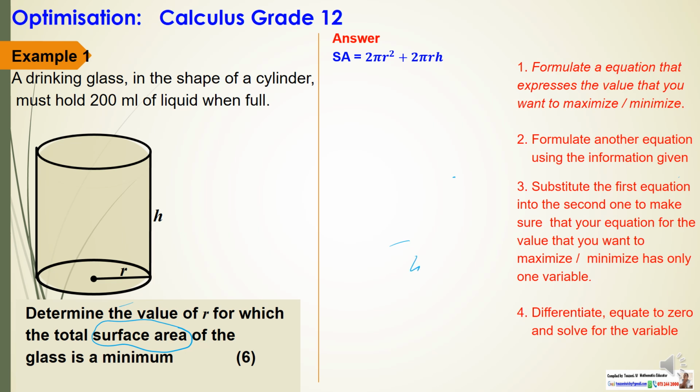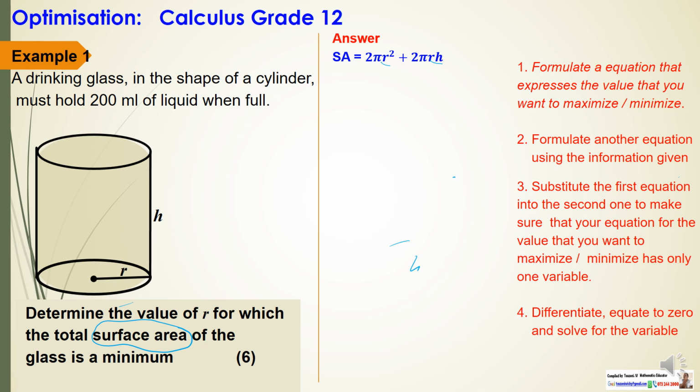There is r and there is h. So because of that reason, we are not able to differentiate the expression. Now, in that case, it means you must formulate another equation using the information provided. Then you substitute into the first equation to make sure that your equation has got one variable only.